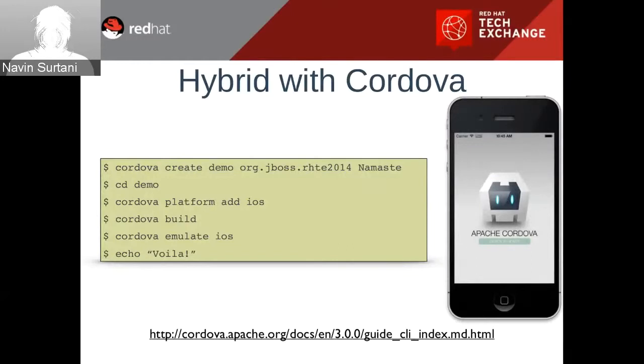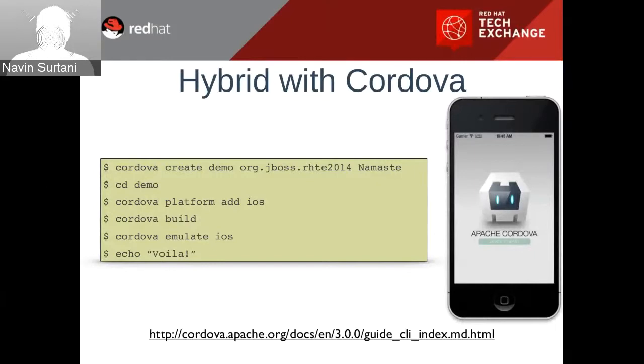So here the hybrid will allow you, if you look at the project structure when you do that, unfortunately I'm not on my machine, but in the demo project structure, you will have a www folder, which typically is your web components.